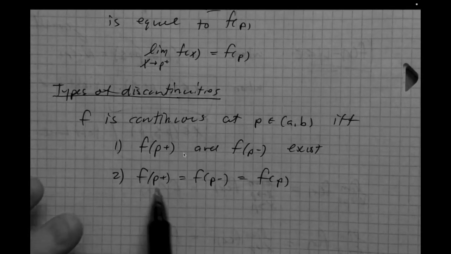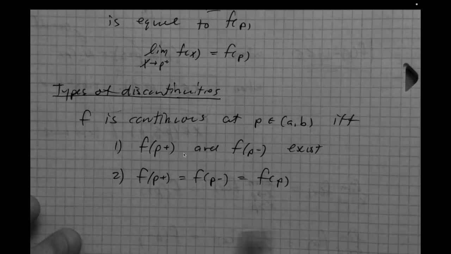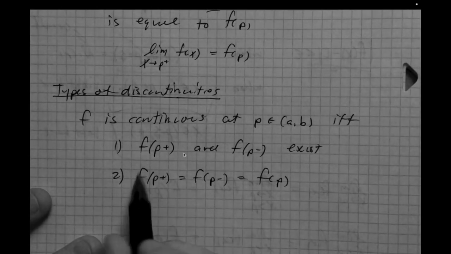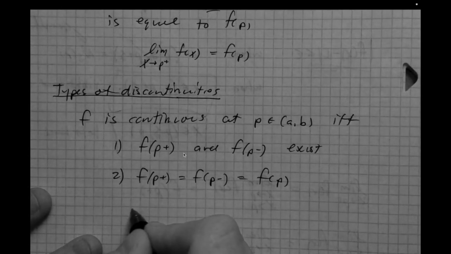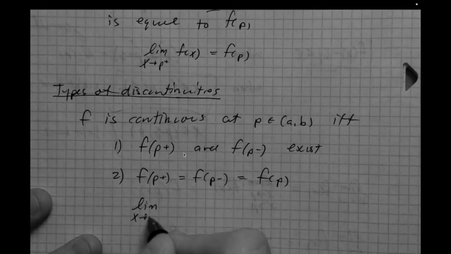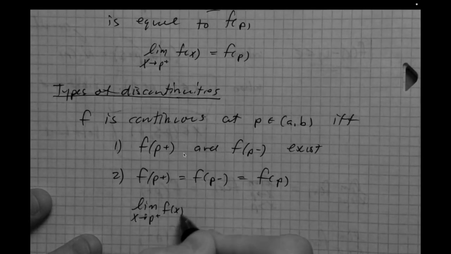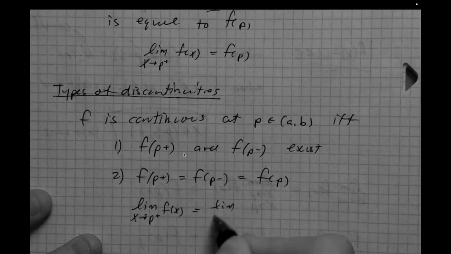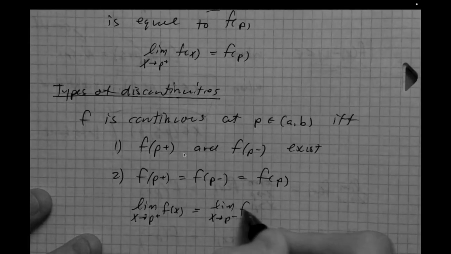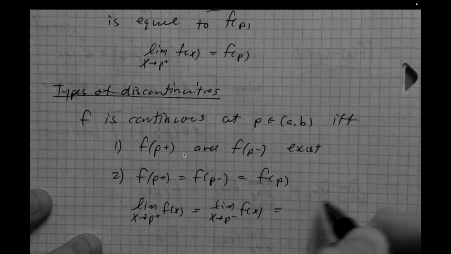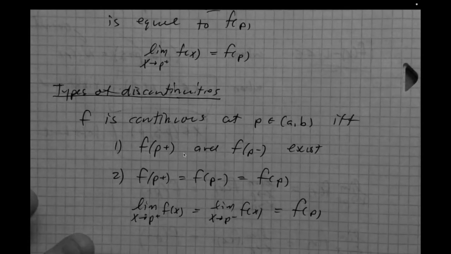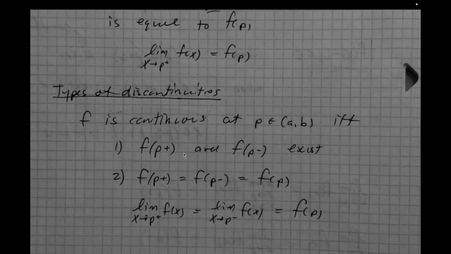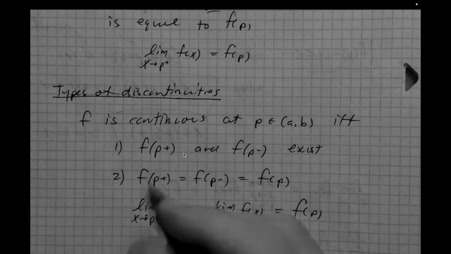Just to make sure you're following this notation, this is literally the limit as x approaches p from the positive side equals the limit as x approaches p from the negative side, which is equal to f(p). So that's just this.